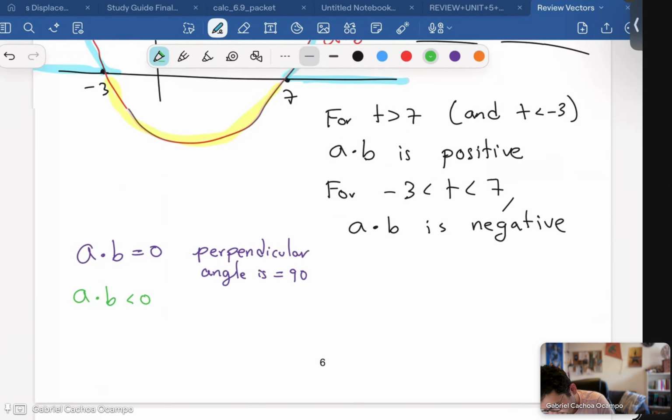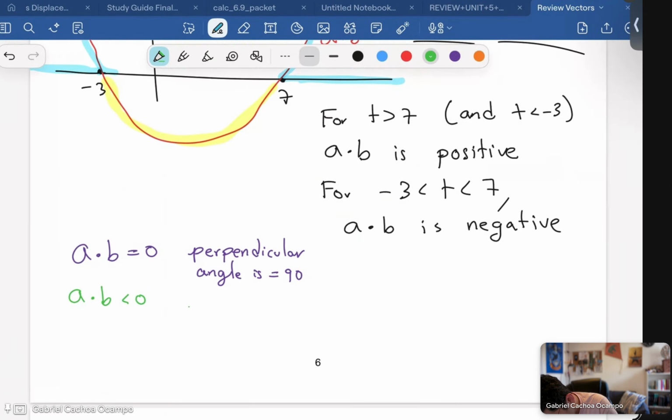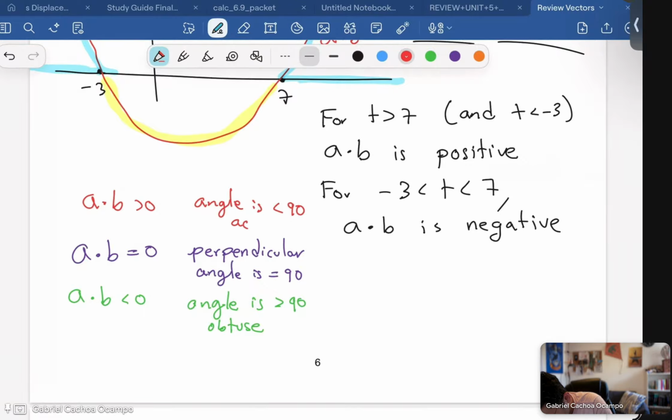If it is negative, the angle between them is larger than 90, so it is obtuse. And if A dot B is larger than 0, the angle is smaller than 90, so it is acute.